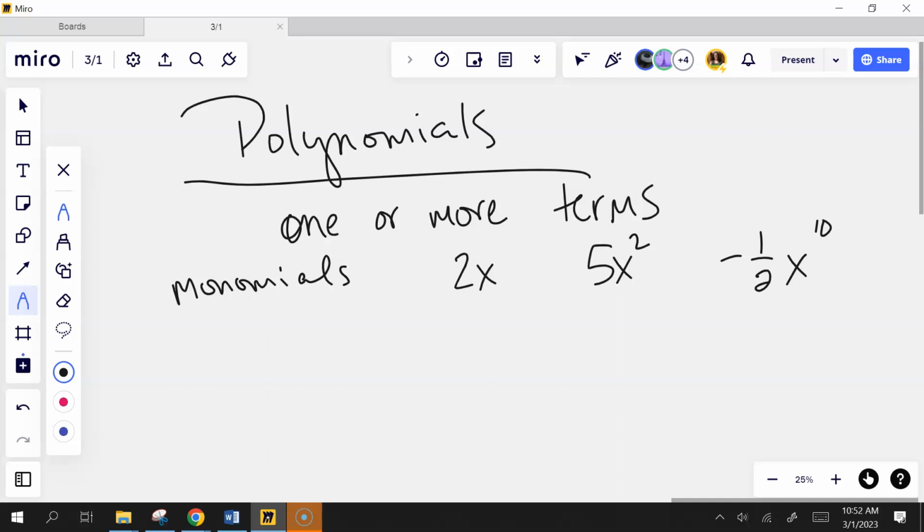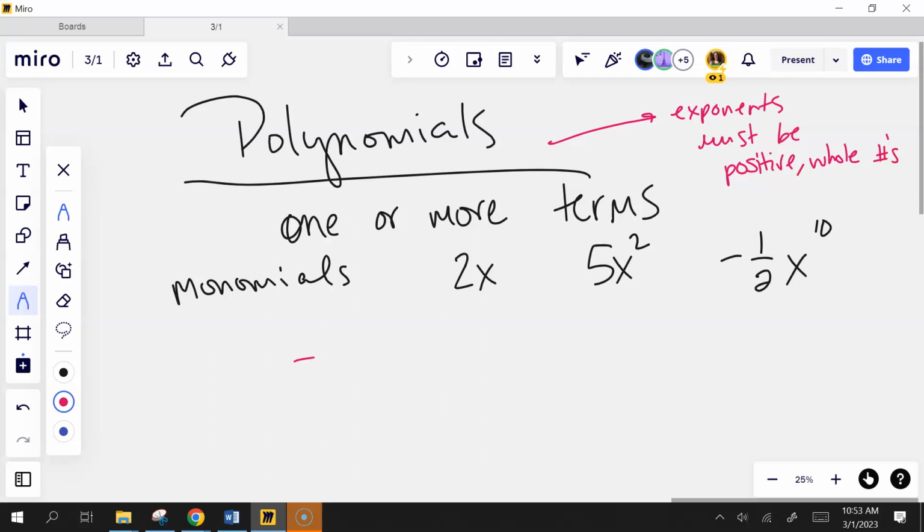Now, some things you need to know about polynomials before we start. All the exponents have to be positive whole numbers.